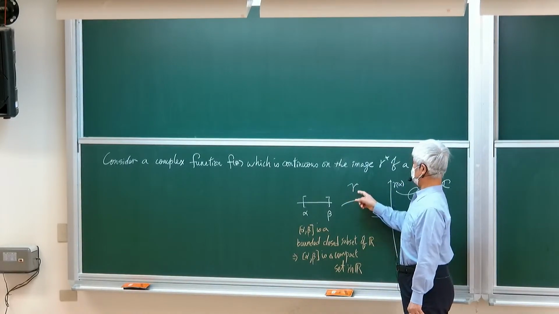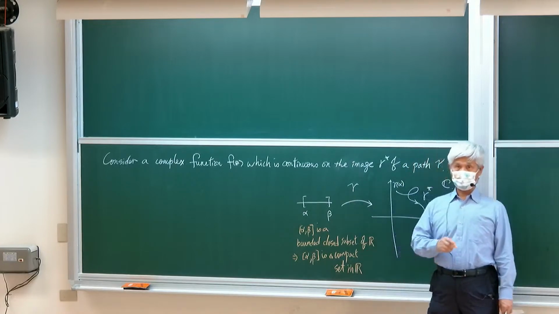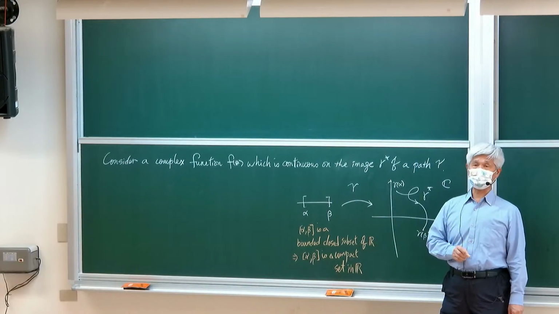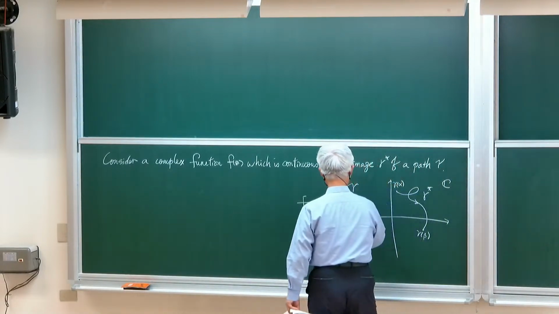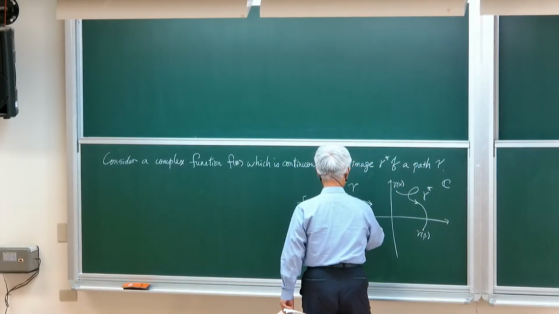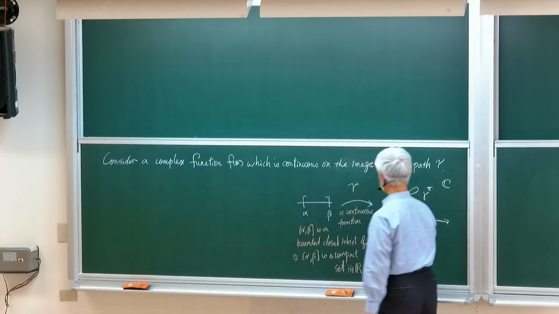And a path is a curve, and a curve is a continuous function. So gamma is a continuous function.